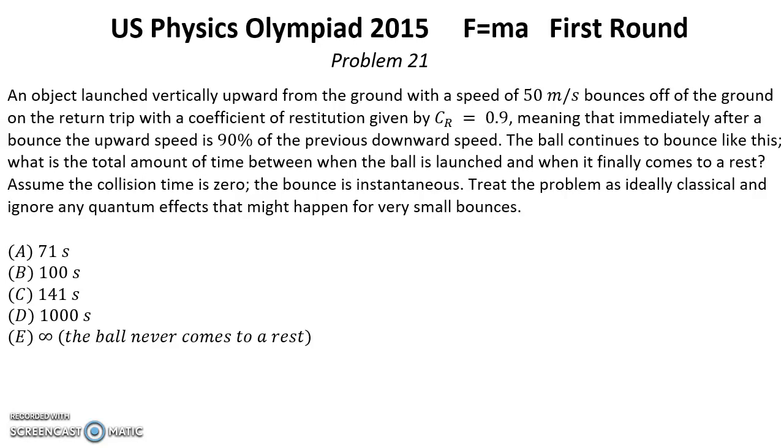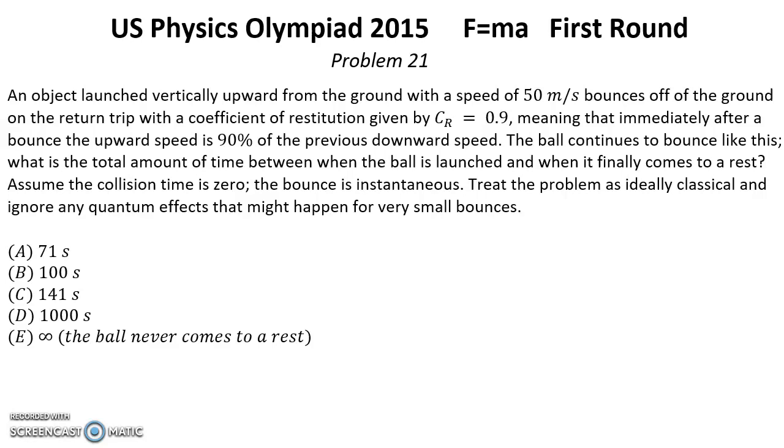The ball continues to bounce like this. What is the total amount of time between when the ball is launched and when it finally comes to rest? Assume the collision time is 0. The bounce is instantaneous. Treat the problem as ideally classical and ignore any quantum effects that might happen for very small bounces.